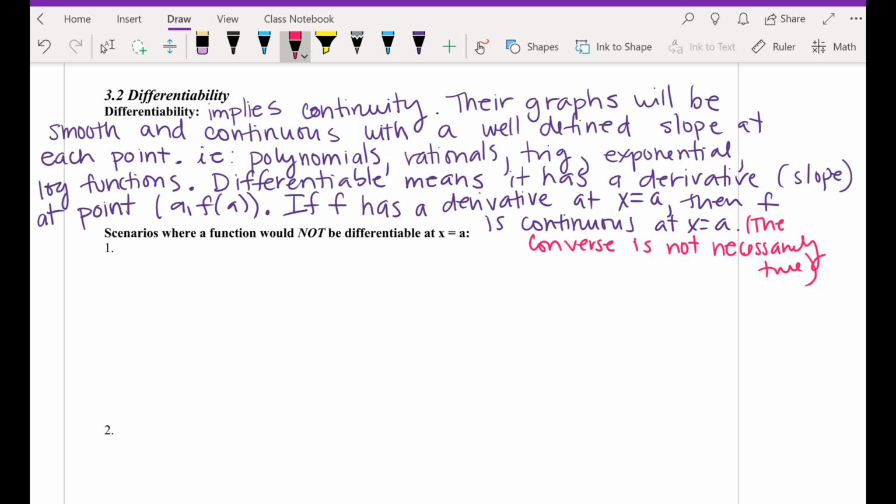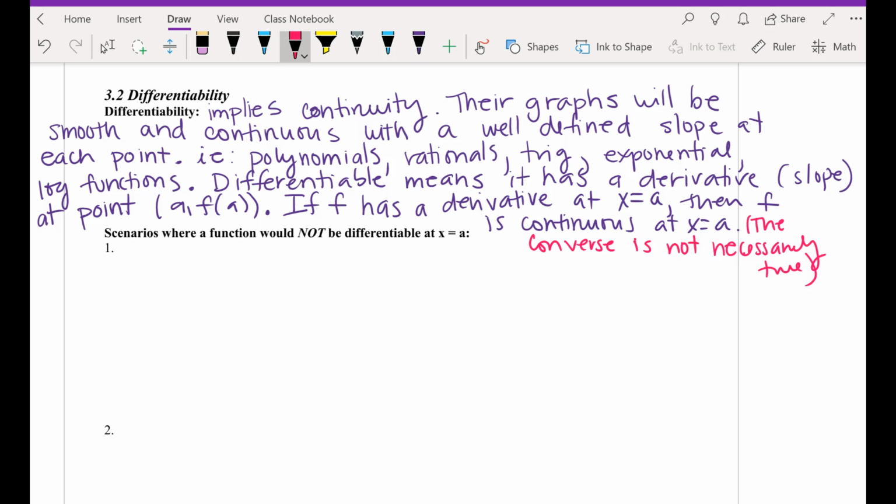Just because f is continuous at x equals a doesn't mean there's a derivative. Right. So right now, if f has a derivative at a, whatever a is, then we know f is continuous at a. But the converse means if it's continuous, does it mean that it has a derivative? No, it does not. So the converse is not necessarily true.